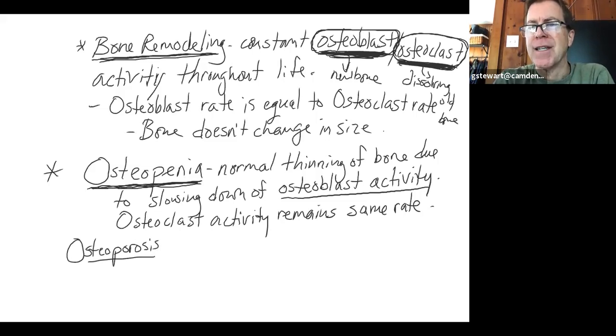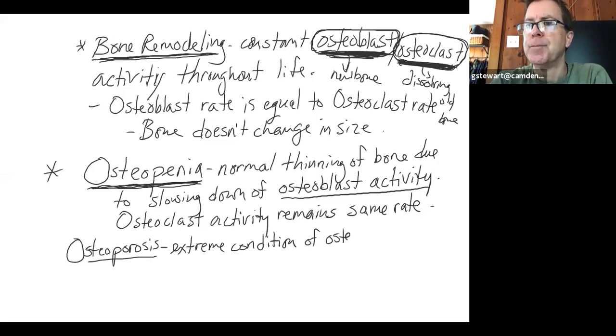Osteoporosis is actually a condition, and I'm going to say it's an extreme. It's normal for almost all of us for our bones to get a bit thinner as we age. Osteoporosis refers to the extreme condition of osteopenia, in which our bones get so thin that the structural integrity of our bones is compromised.